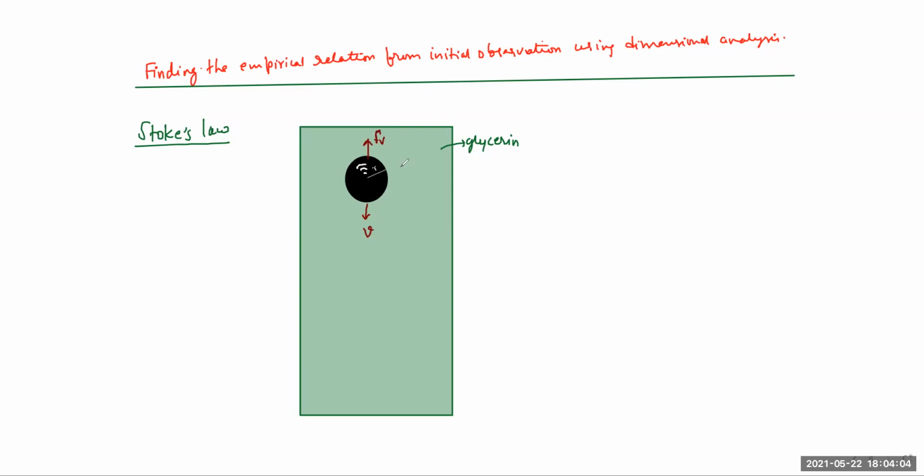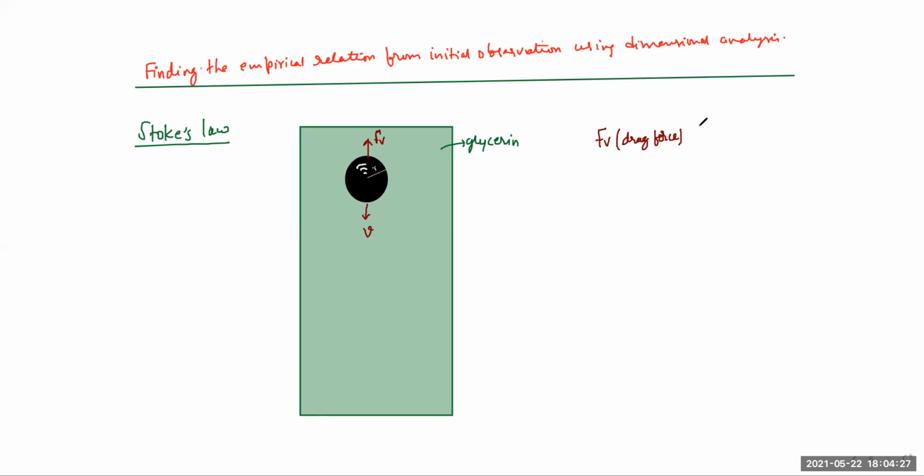So from his initial investigation, he understood one thing, that the drag force or viscous drag force. When this ball is trying to move through the liquid, the liquid is offering a lot of resistance, and this resistance is called viscous or drag force.